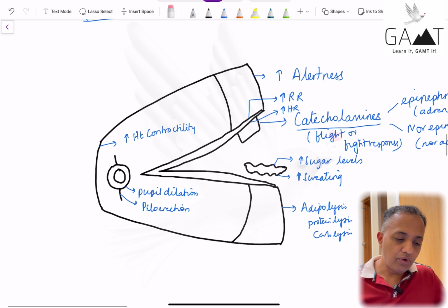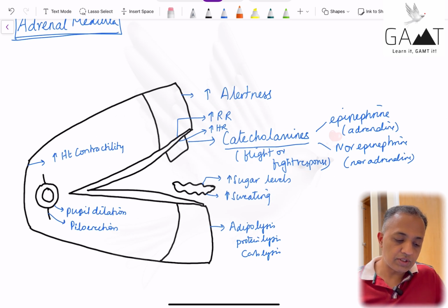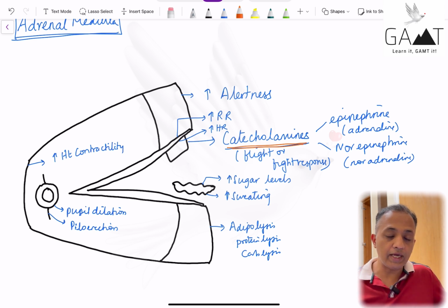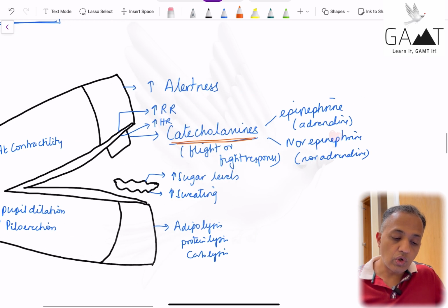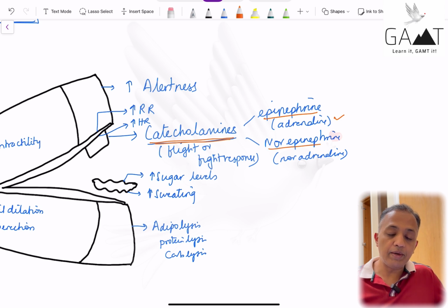So adrenal medulla. The first thing you notice is the lip on the top, the symbol is the letter C, which stands for catecholamines. So the adrenal medulla secretes catecholamines. There are two main hormones called catecholamines. One is epinephrine, also called adrenaline. Another is norepinephrine, also called noradrenaline.